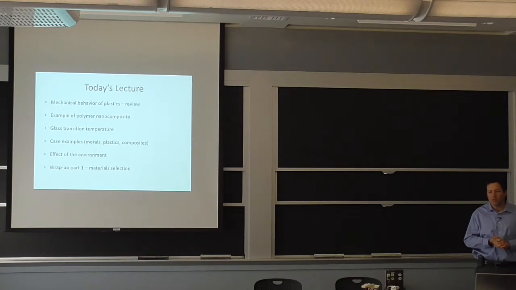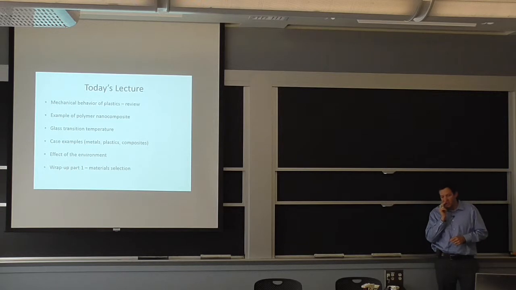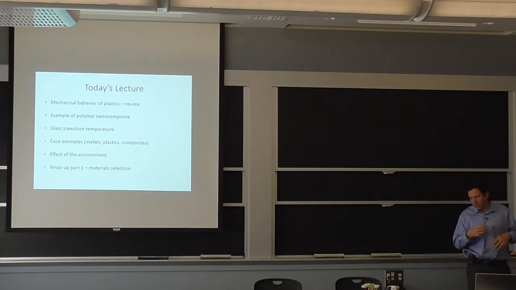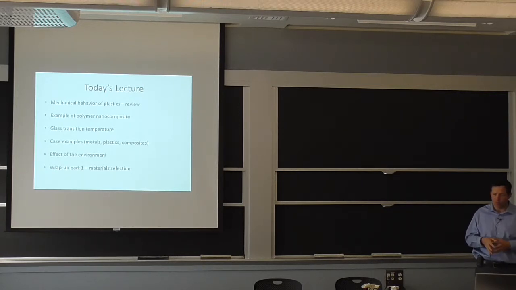There were some pieces left last Wednesday about polymers that I'm going to continue on today, but I have quite a few examples. And the idea with these examples is really to show how in the end we end up selecting some of those materials. And a lot of times it is a big compromise between cost, the mechanical resistance, is it sufficiently strong, and then the environmental resistance, is it going to corrode or degrade over time when we're talking about structural materials.